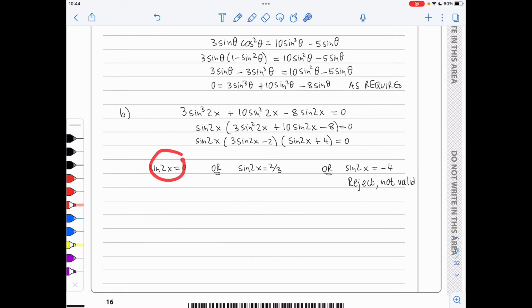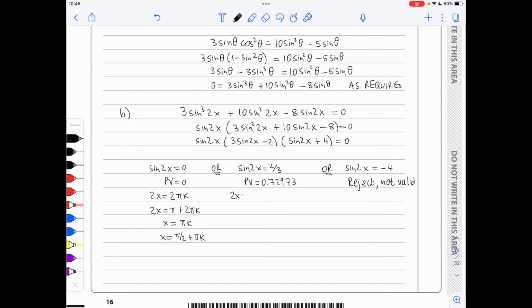For sine of 2x being 0, we know that the principal value is 0. And this means that 2x is equal to 2 pi k, or 2x is pi plus 2 pi k. If I divide everything by 2, I get that x is pi k, or x is pi over 2 plus pi k. For sine of 2x being 2 over 3, the principal value from the calculator is 0.72973.